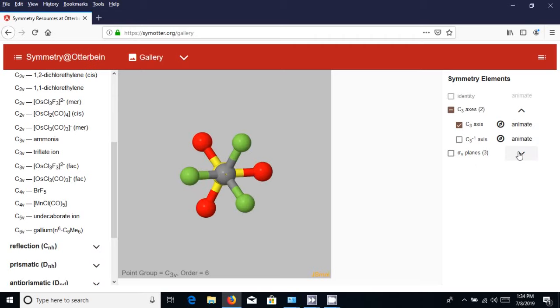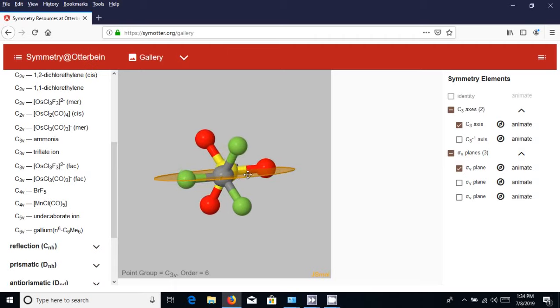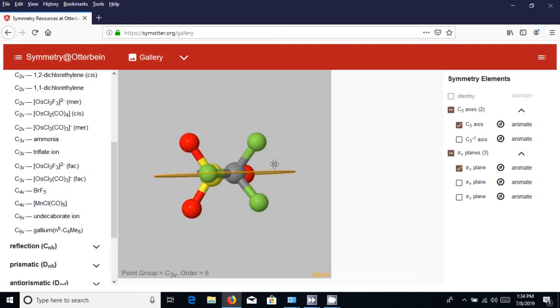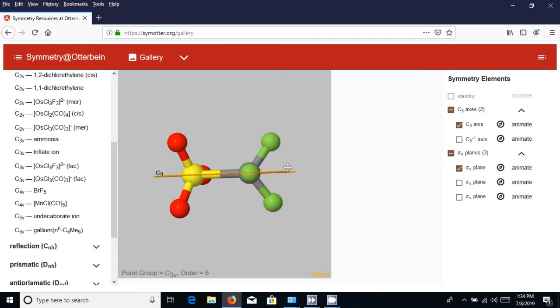So how many planes? You can see this particular one. This is the first plane, if I put the plane in that manner. Very beautifully, what you are observing, if I put the plane in that manner, just like that, these two hydrogens are reflected, these two oxygens are reflecting, and these two fluorines are reflecting. This is one plane.